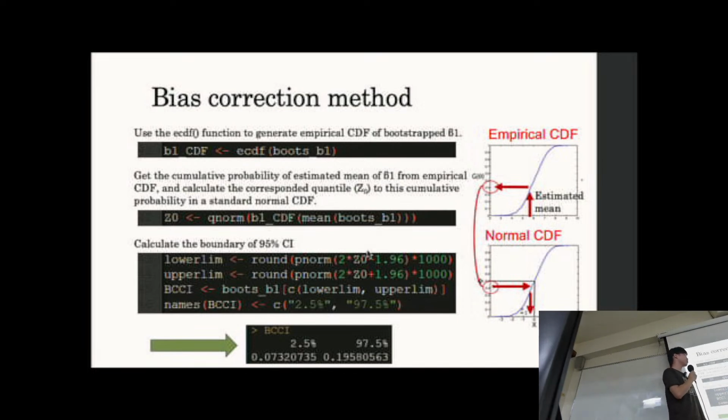The qnorm function, you give it a cumulative probability and it returns the corresponding quantile value to you. Then I calculate the 95% confidence interval boundaries with this equation. The result is the lower bound is 0.073 blah blah blah, and the upper limit is 0.198 blah blah blah.